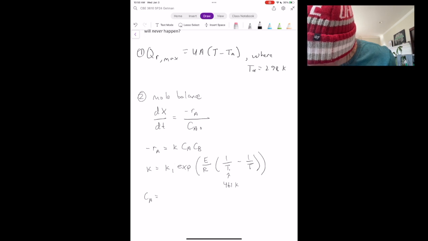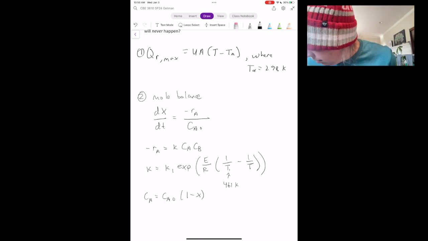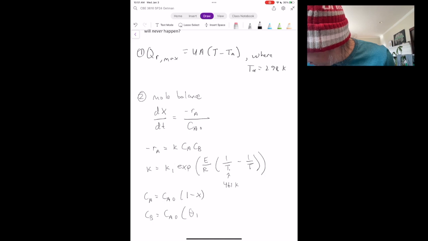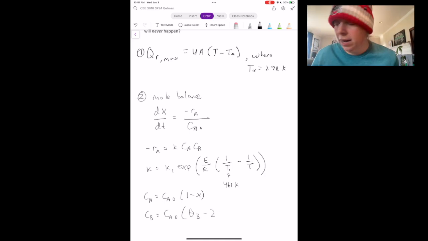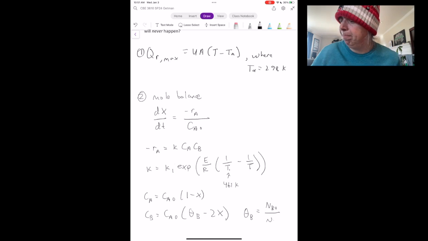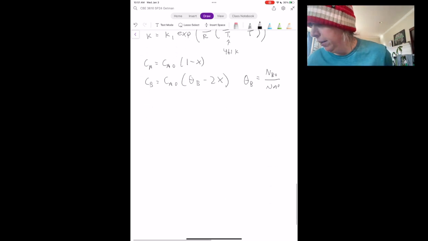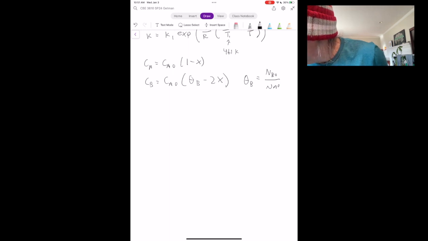Ca for a liquid phase reaction is a simple equation. Cb is going to be Ca naught times (theta B minus 2x) because of the reaction stoichiometry. Theta B is going to be Nb0 divided by Na0. So we're given those values for both the reactor charge and the overcharge.